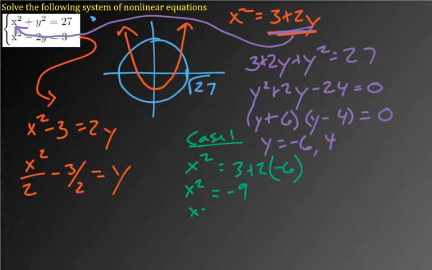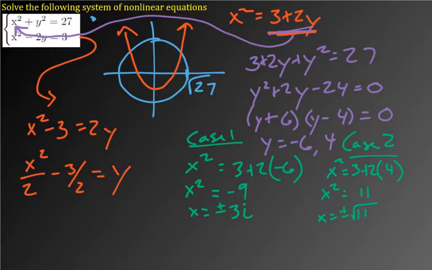And then x would be plus or minus 3i for this, right? And then there's case 2 where you're plugging in the other value, 4. So x squared would equal 3 plus 2 times 4. X squared would then equal 11. So x would equal plus or minus root 11.